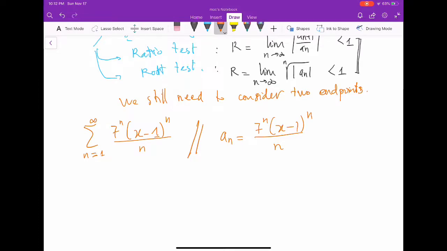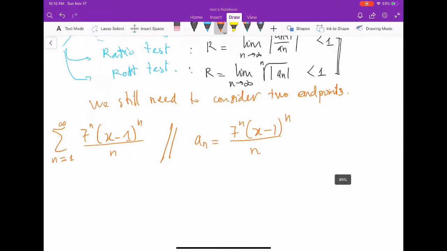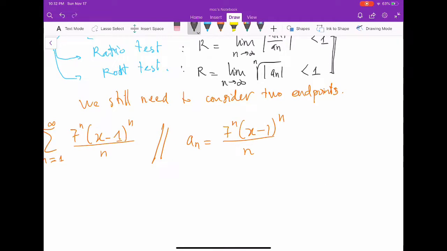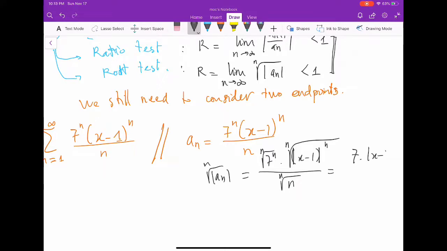Why don't we apply the root test? Because if we apply a root test, we would have the following. Let's say the absolute value of a_n, to the 1 over n. For 7 to the n, I'm good with this, right? 7 to the n, and then absolute value of x minus 1 to the n, with the root. And I have the nth root of n. So on the top, I have 7 times absolute value of x minus 1.